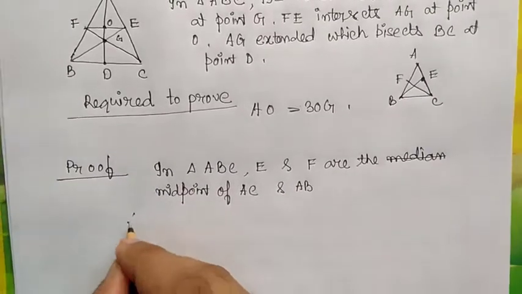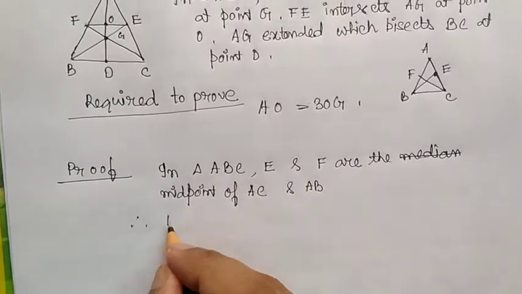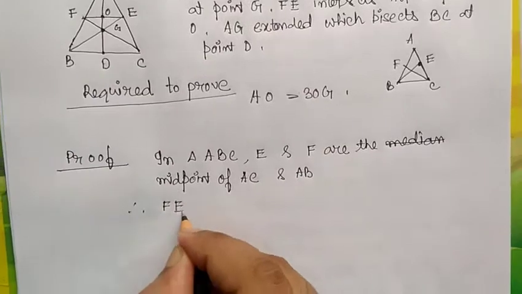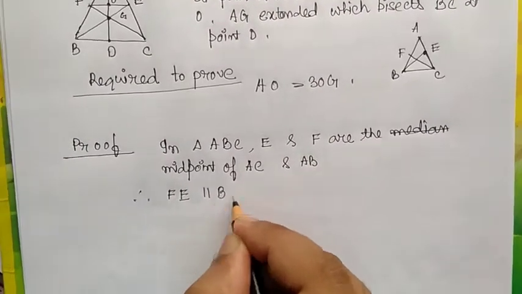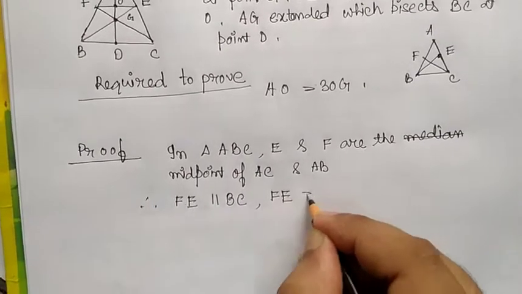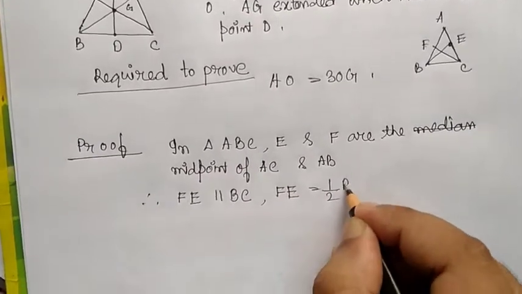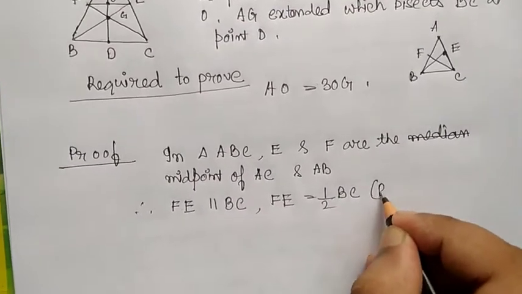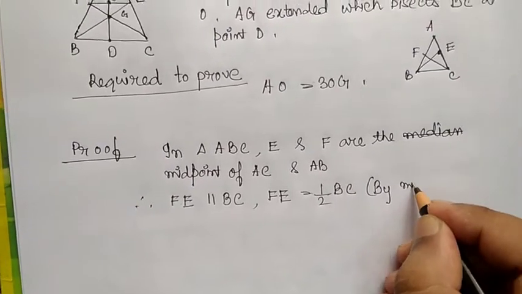Therefore, we can say that FE is parallel to BC and FE equal to half BC by the midpoint theorem.